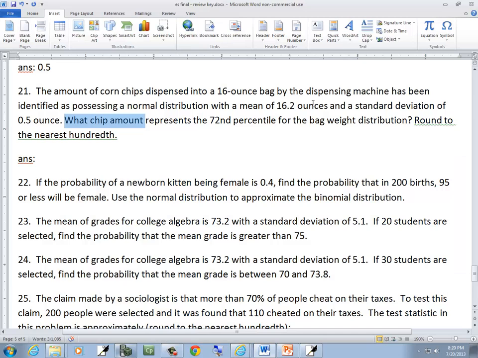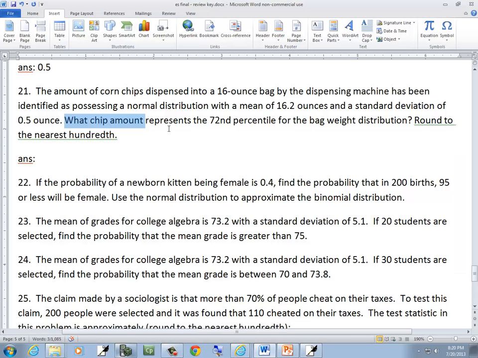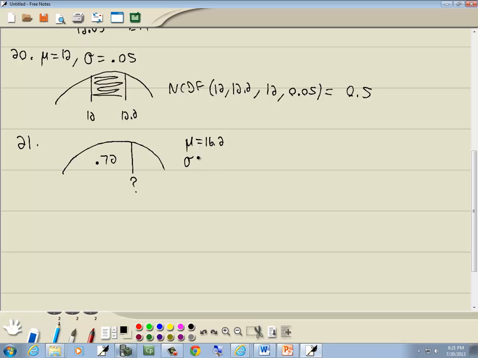Now, the mean is 16.2, and the standard deviation is 0.5, so sigma is 0.5. INV norm is always based upon the area to the left. So the area to the left of this value we're trying to find is going to be 0.72. And then we'll put in our mean, which is 16.2, and our standard deviation, which is 0.5.